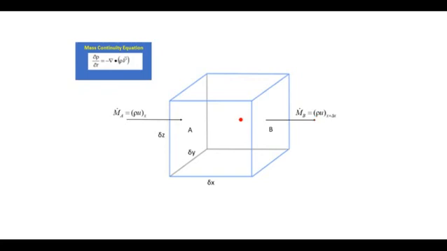So there's a certain amount of mass leaving the volume from side B here over an increment of time per unit area of the face perpendicular to the flow. Likewise, there's a certain amount of mass entering the volume side A from the density times the velocity, that quantity entering the face. So that's mass flux.